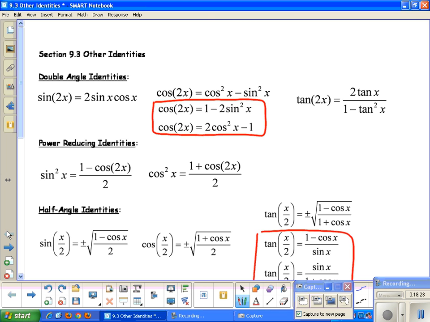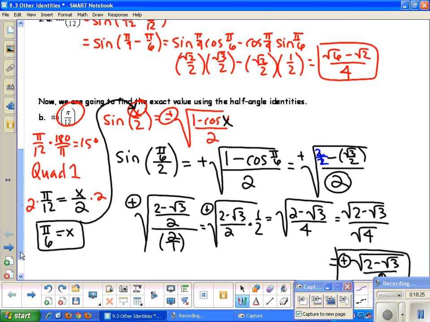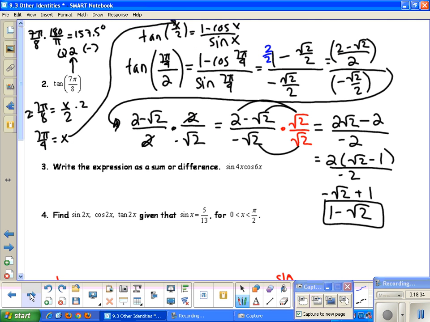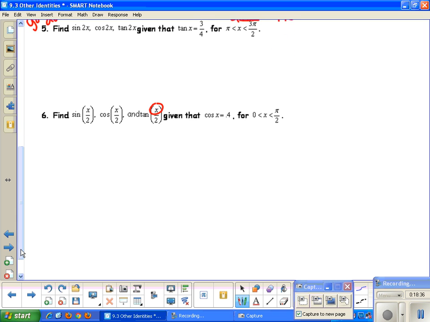If you go back to the first problem that we did, this wasn't the quadrant that I needed to figure out for my sines. I had to figure out what pi over 12 is. So in order to do this next problem, since they only gave me the values for x, what I could do is divide everything by 2 to figure out what quadrant x over 2 lies in, because that's what you need to figure out.